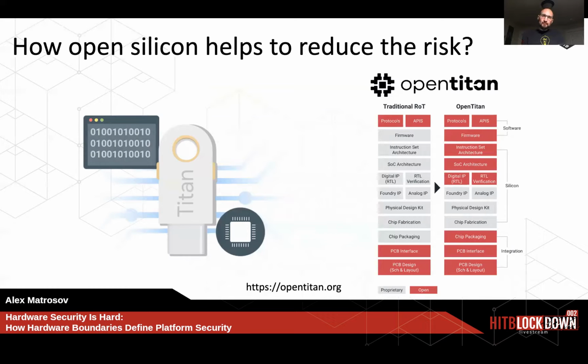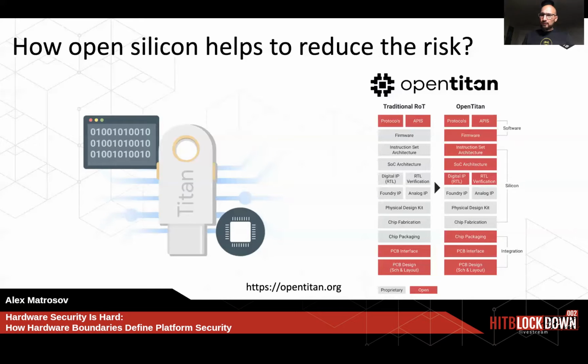So how can we reduce silicon-level risks and attacks? Google did the OpenTitan project, which opens up a lot of information, specifications, and code regarding the Titan chip silicon. So OpenTitan has much more visibility because you can check many more layers, not only the firmware, but how the RTL is implemented on this chip, right?